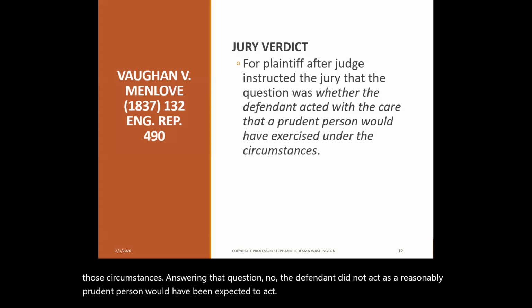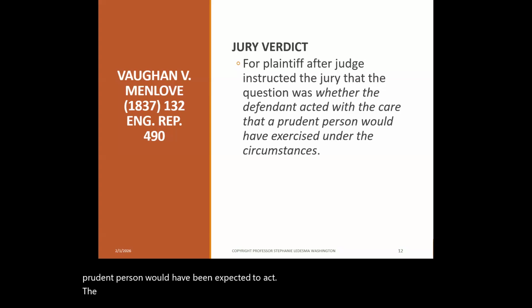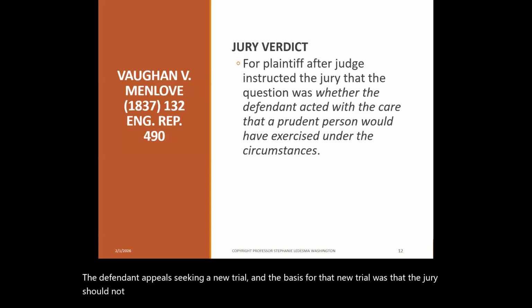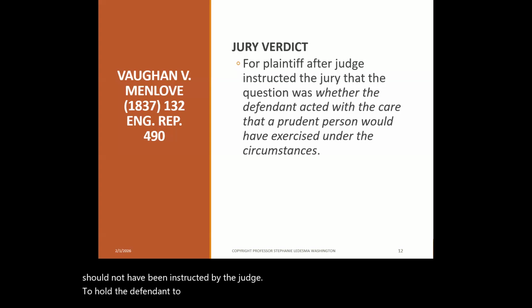The jury found for the plaintiff, right? Of course, the defendant appeals, seeking a new trial, and the basis for that new trial was that the jury should not have been instructed by the judge to hold the defendant to a reasonably prudent man standard.